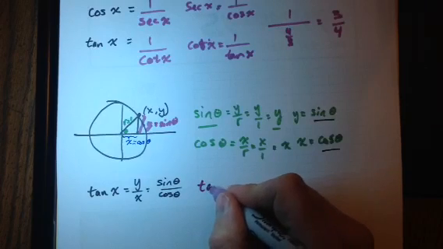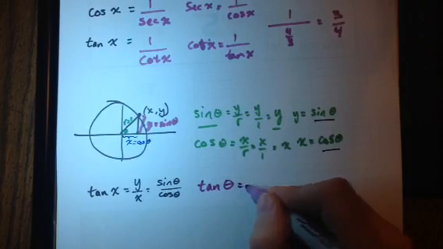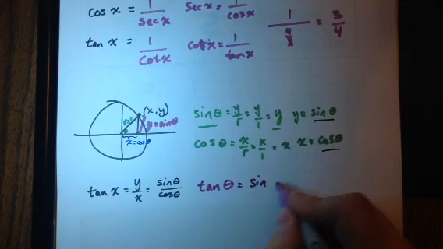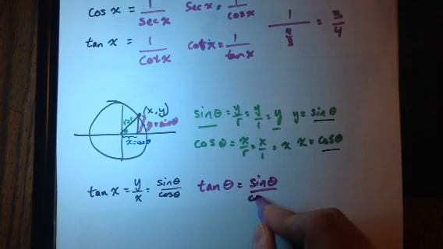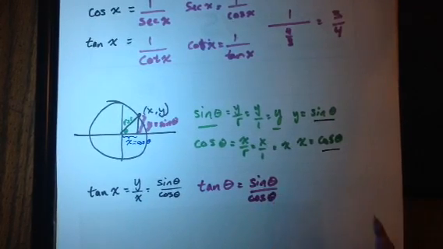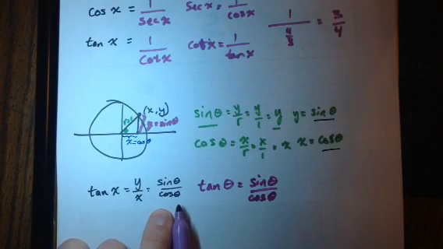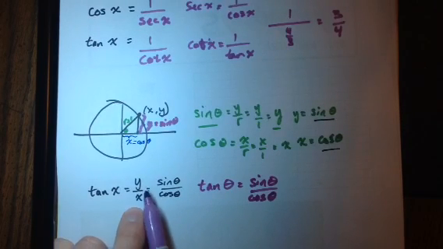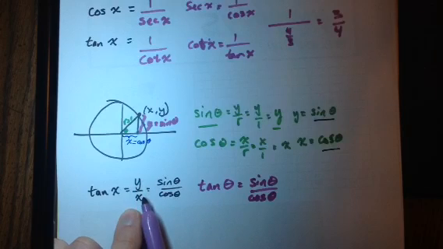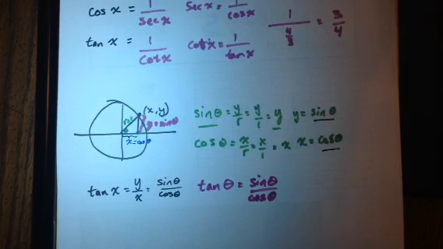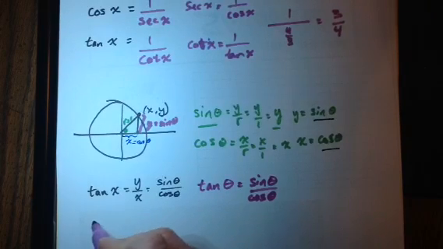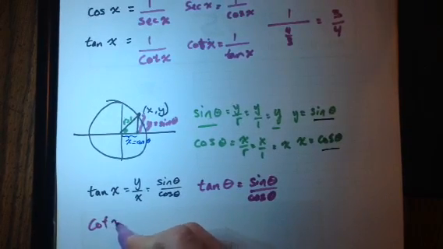Anytime you see tangent of theta, it is also equal to sine theta over cosine theta. A quick side note, this ends up being true even if the radius isn't 1, because the radius divided by the radius cancels out.